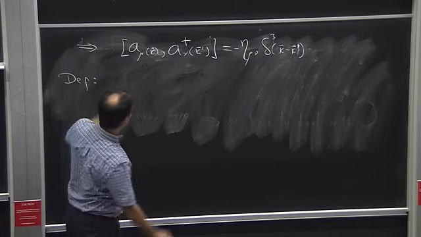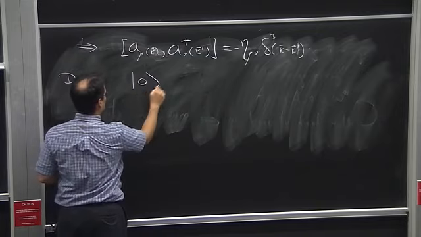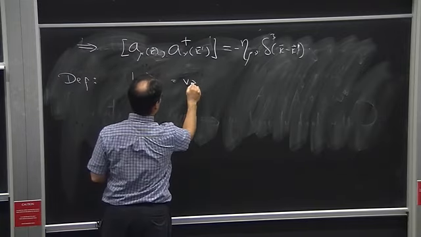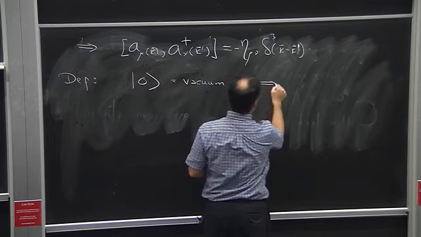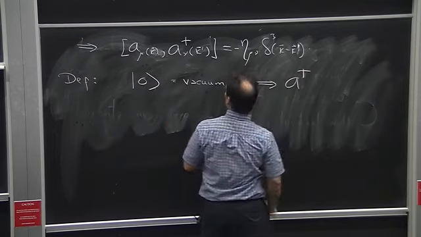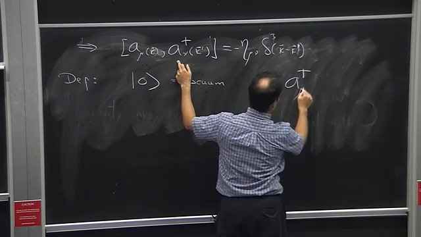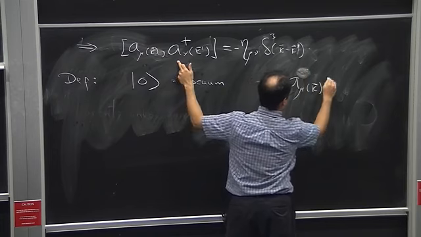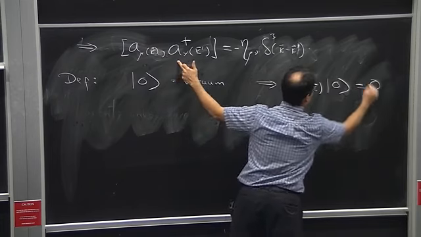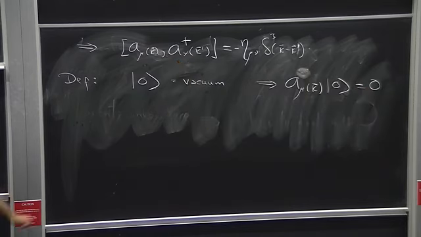We assume the existence of a Hilbert space, and we define a state, which is called the vacuum. And we say that the vacuum is defined so that no matter which annihilation operator acts on it, we get 0. Okay? That all looks very good.